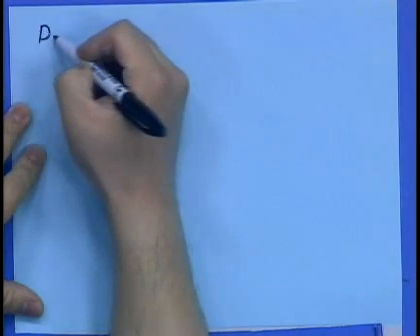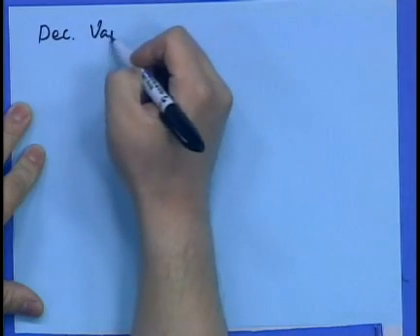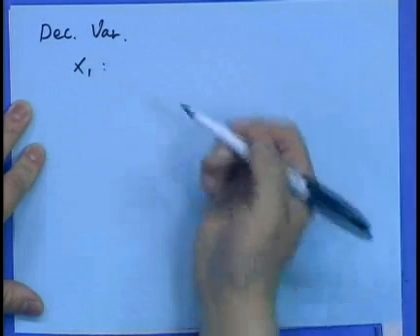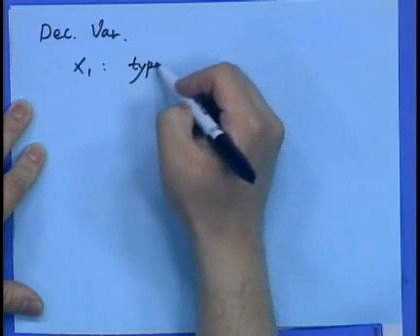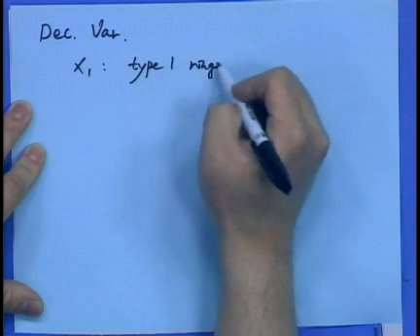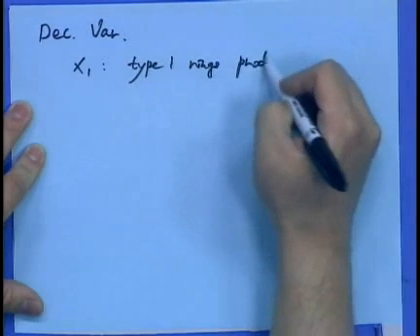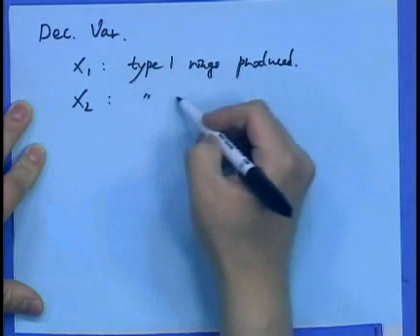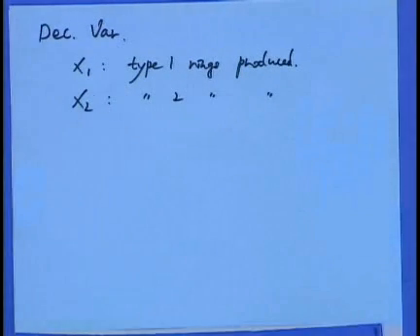So we define decision variables: X1 is the type 1 rings produced, and X2 is the type 2 rings produced. Okay?